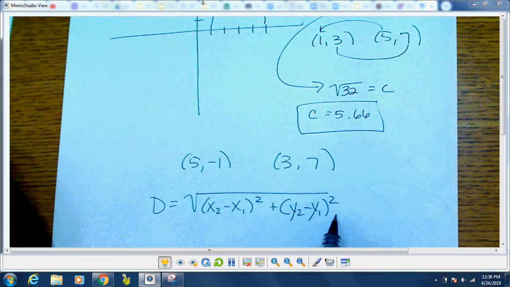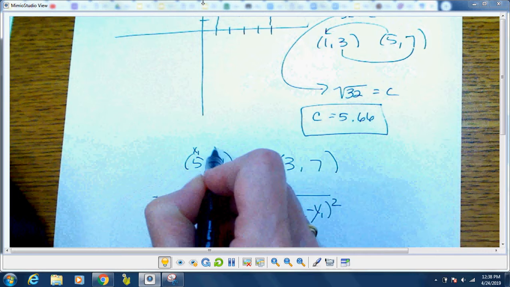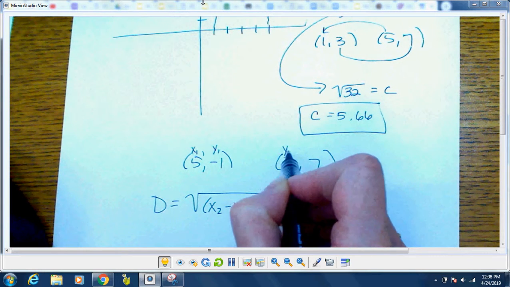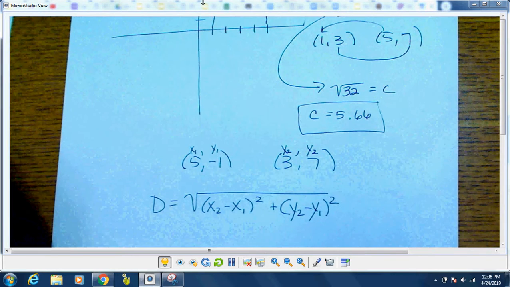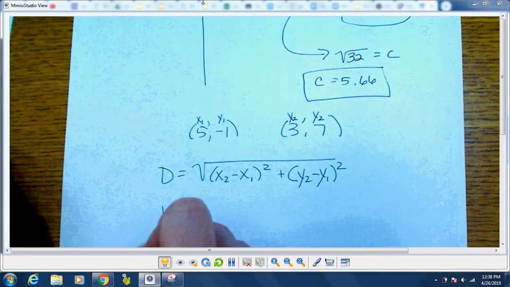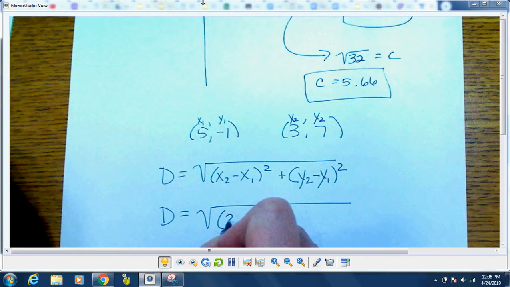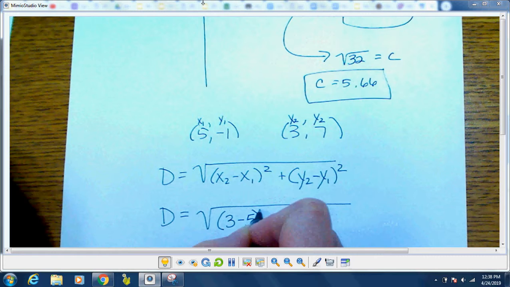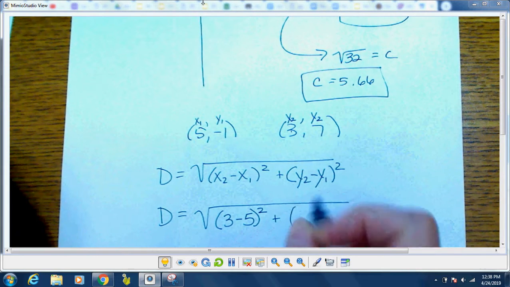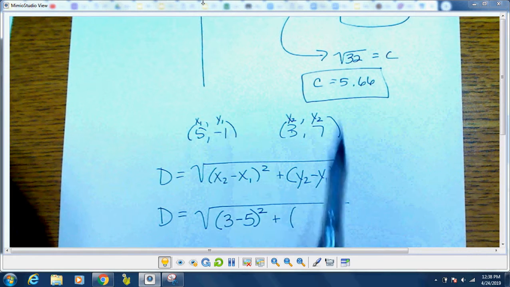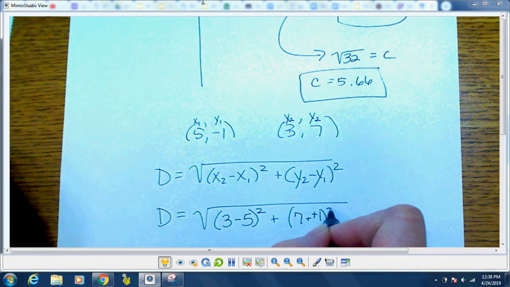It's going to be at the top of your sheet, so it's a matter of just plugging things in. So this is x1, this is y1, x2, y2. All right, that's the distance formula. So distance equals square root, 3 minus 5 squared, x2 minus x1, plus y2 minus y1, 7 minus -1, squared.